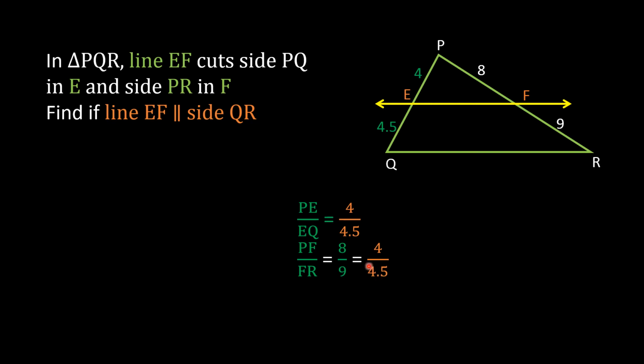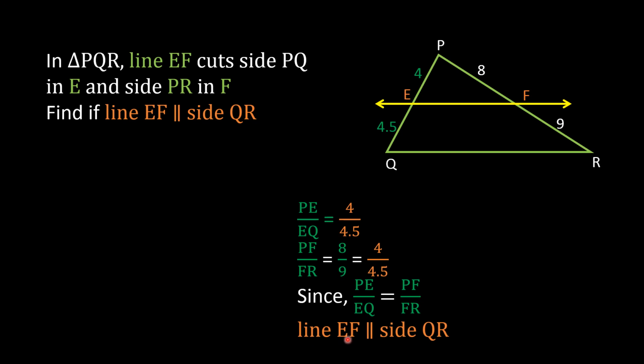Here we observe that PE divided by EQ, which is 4 divided by 4.5, equals PF divided by FR, which is also equal to 4 divided by 4.5, and hence, according to the converse of basic proportionality theorem, we say that line EF is parallel to side QR.